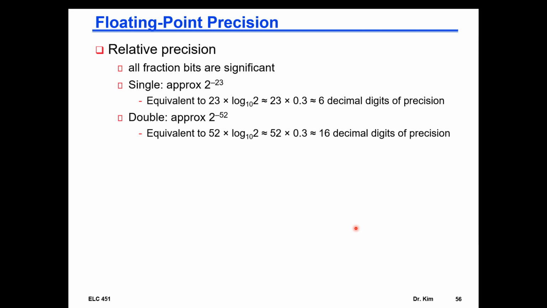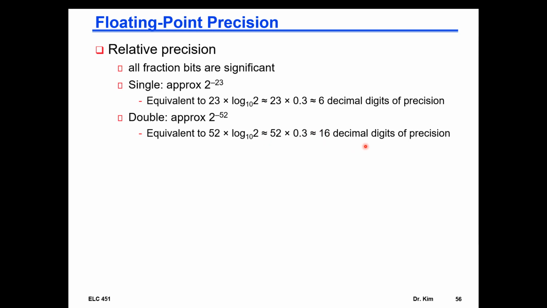So what that means is that, as I mentioned, when you look at the precision of what the fractional bits can encode, the single precision gives you about 6 decimal digits of precision, and the double precision gives you about 16 decimal digits of precision.